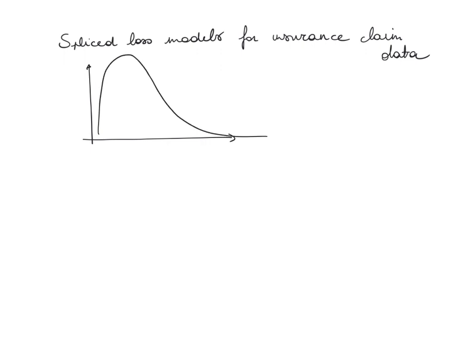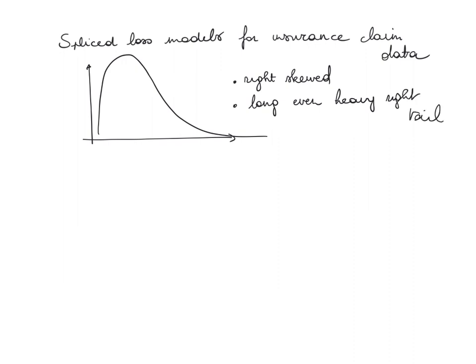So the shape that we expect to see when looking at the empirical data collected on insurance claims or insurance severities is a shape like this. So that means that we have data which are skewed to the right and which possibly have a long, even heavy right tail. Right?